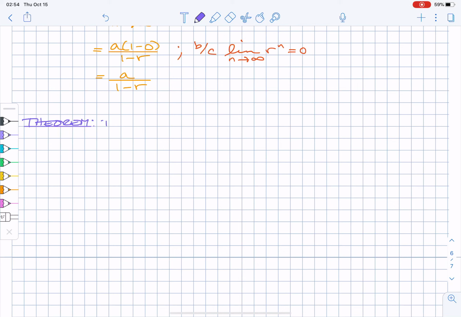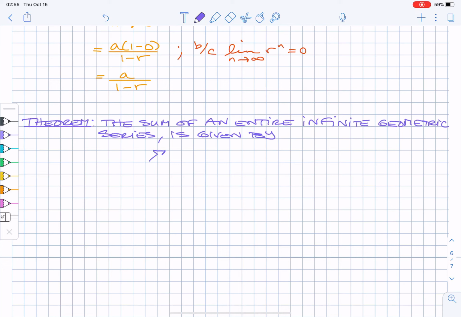So the sum of an entire infinite geometric series is given by the sum, sigma, as my index counts from 1 to infinity, of ar to the index minus 1, is going to be a over 1 minus r, provided the absolute value of r is strictly less than 1.